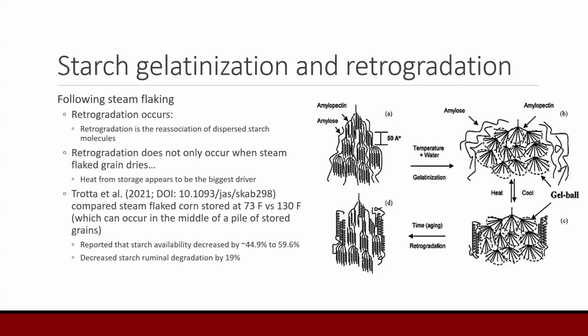However, over time, if we allow that steam flake corn to sit, with time and some heat, so let's say you have a stack of steam flake corn, the center of that stack could have some heat production, okay? That can cause retrogradation, so it won't be exactly the same as it was prior to steam flaking, but it's going to reduce starch availability to some degree. So that's why a lot of feed yards will feed steam flake corn that is produced that morning or that day, okay?